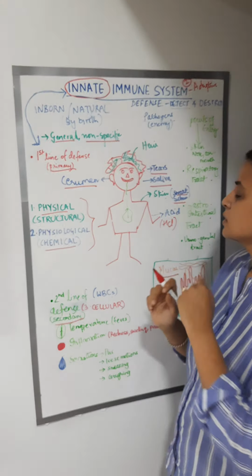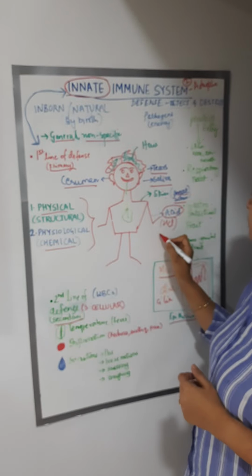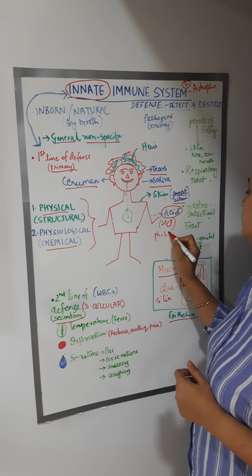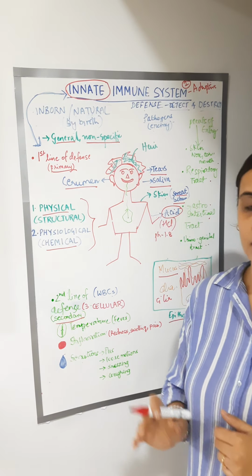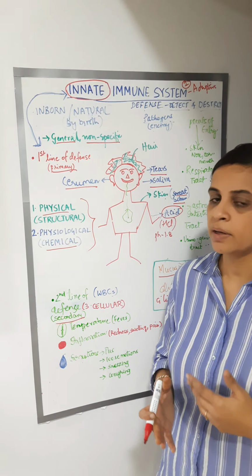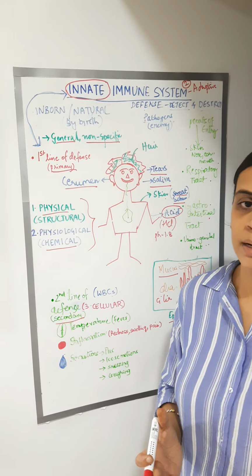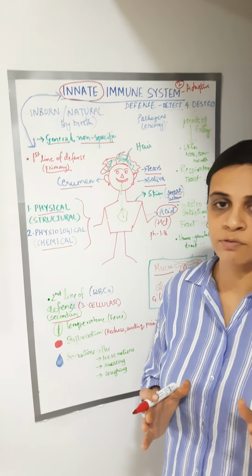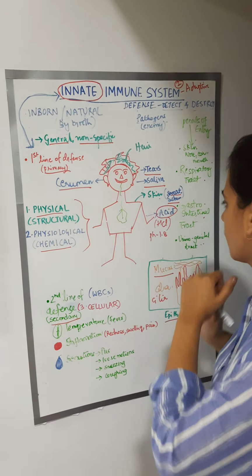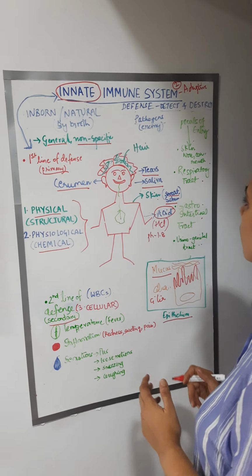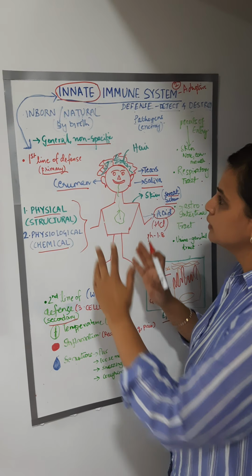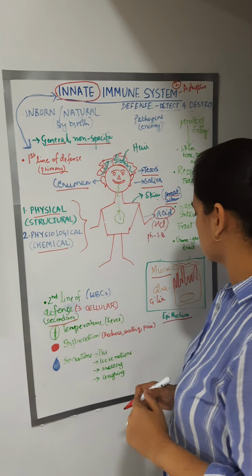The environment in the stomach is highly acidic, with a pH of 1.8. This is basically for digestion of food, but it also creates a very inhospitable environment. The pathogens cannot survive or grow in this pH. So, this is the first line of defense that we have discussed.